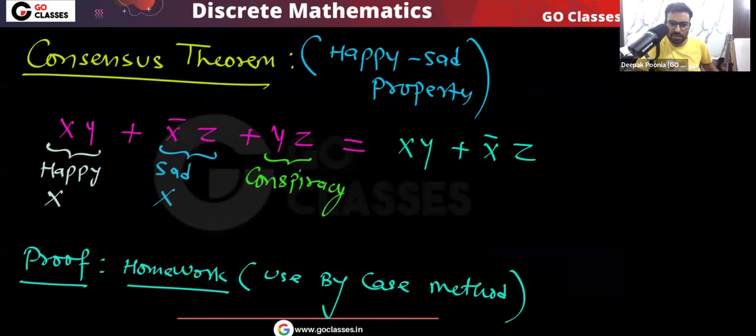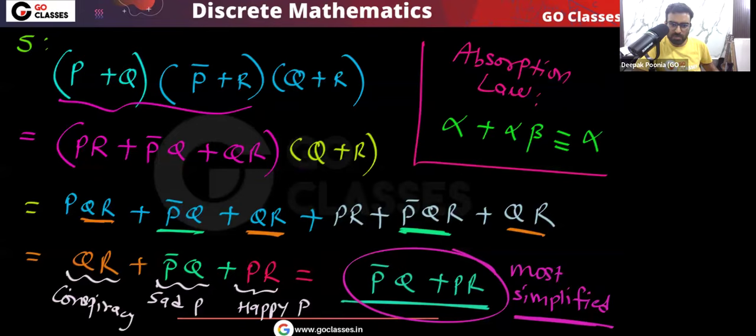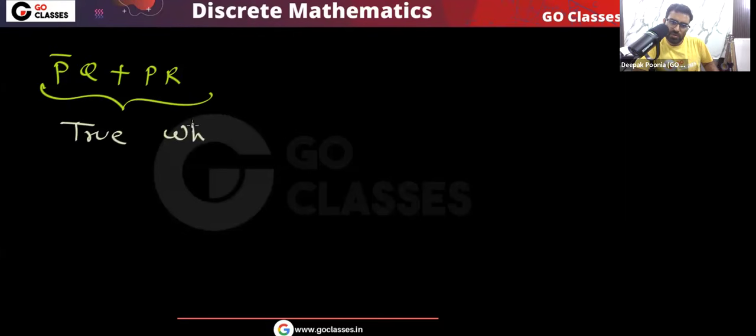For example, how can I make it true, and how can I make it false? We got p bar q or pr. I can make it true, I can make it false. It will be true when I take p true and r true. And I can make it false as well.